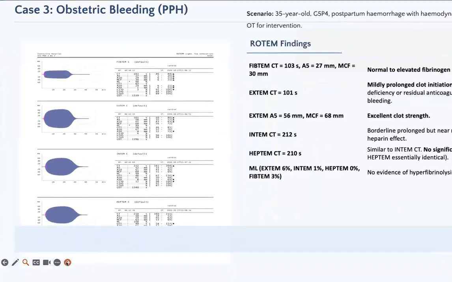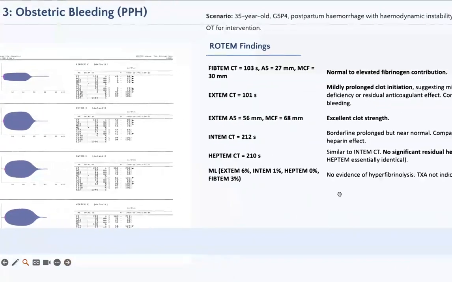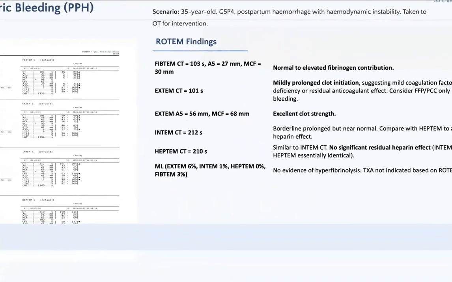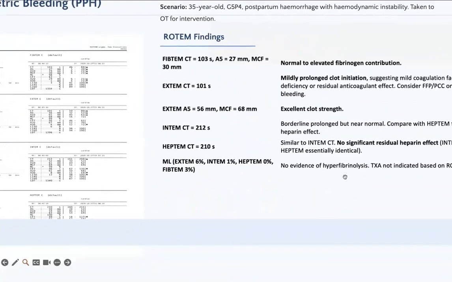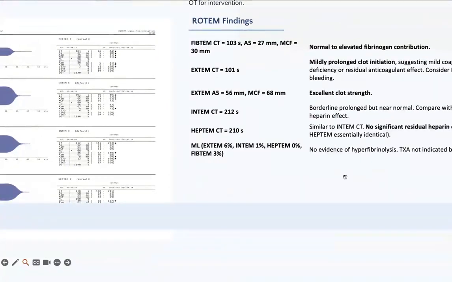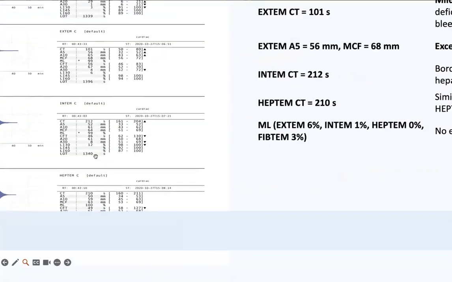So the patient may need an antifibrinolytic or tranexamic acid. I think it's wrongly written there. Maximum lysis is 99%.